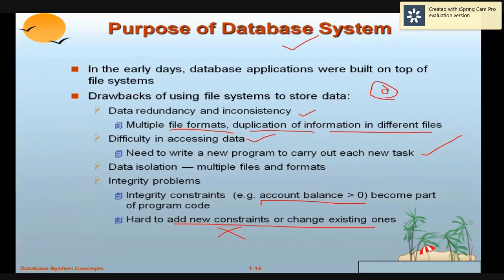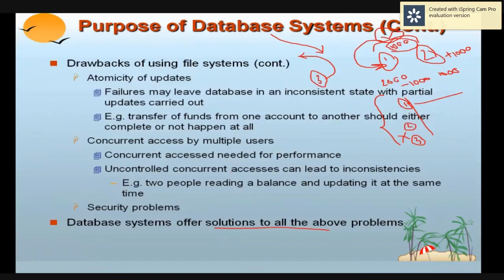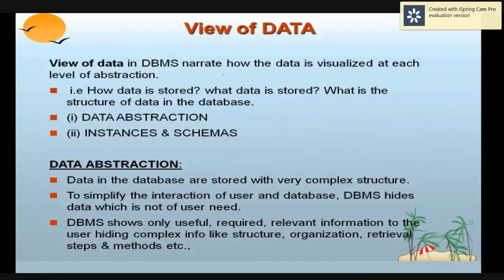The first one is data redundancy and inconsistency, difficulty in accessing the data, isolation problems, integrity problems, and then atomicity of updates, and then concurrent access by multiple users. So all these issues have been addressed and overcome in database systems.